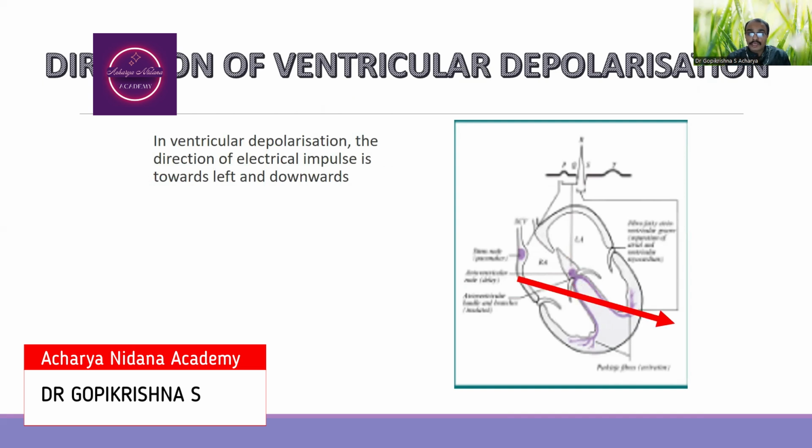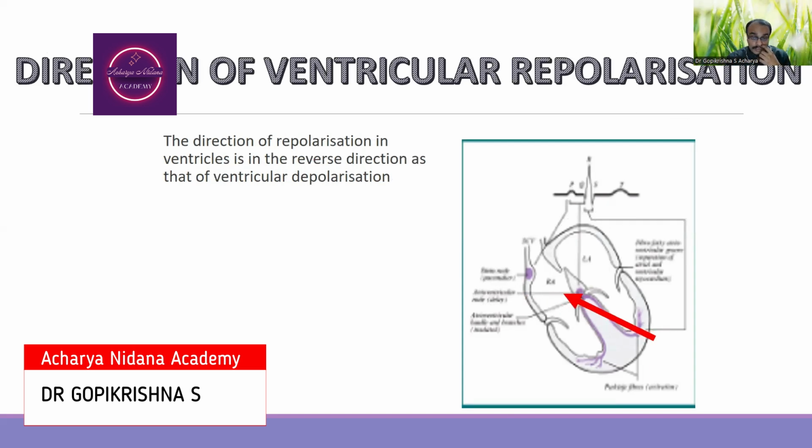This is how the depolarization occurs in the ventricle, that means on the left side inferiorly. Whereas ventricular repolarization normally happens in the reverse direction. Hence, the QRS complex as well as T waves will be in the same direction.